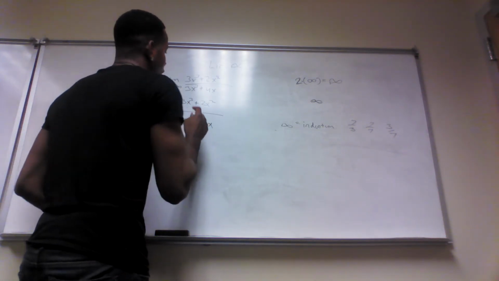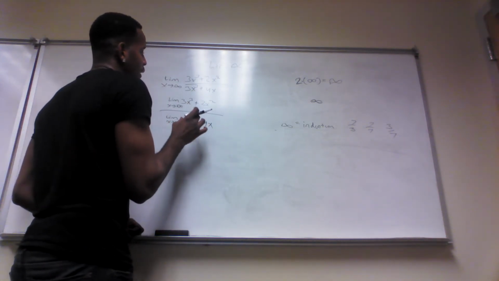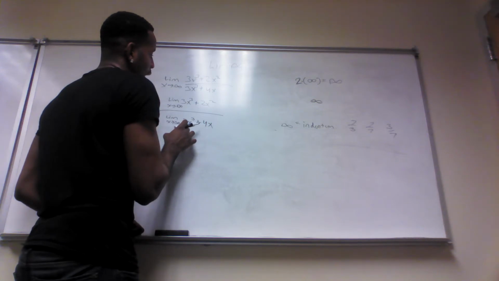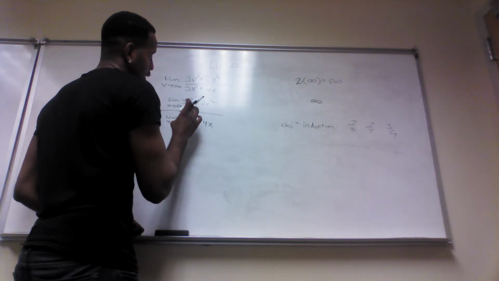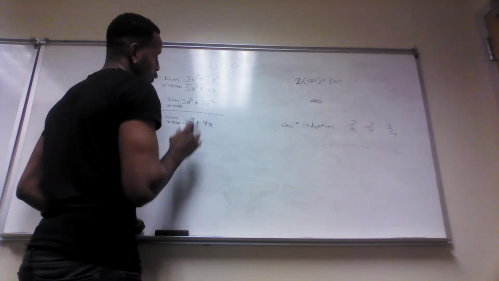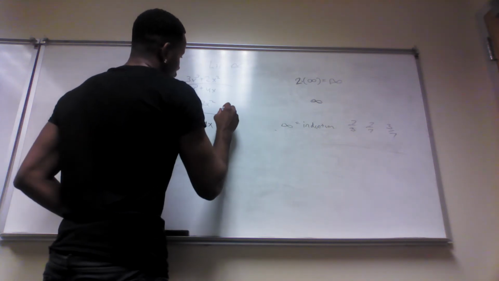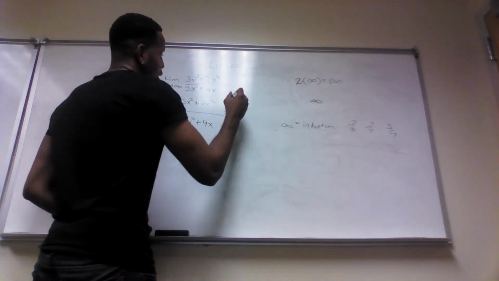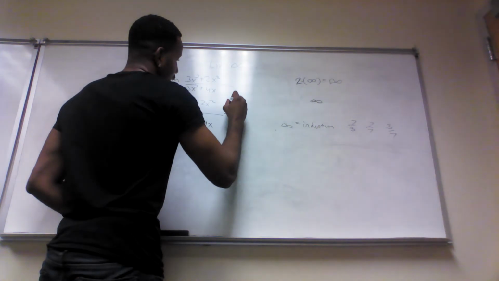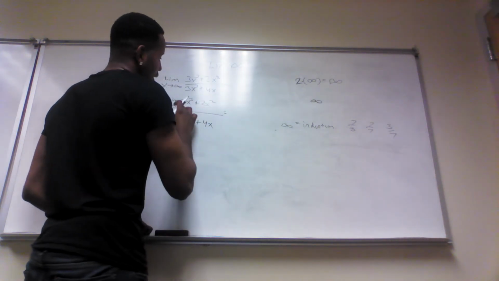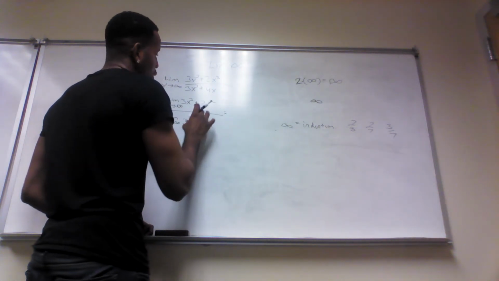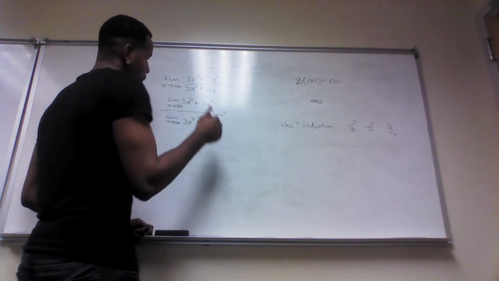Now, when we look at this, we see that we have the same degrees top and bottom. So what we're going to do is use the highest degree and divide the whole numerator and denominator by it.